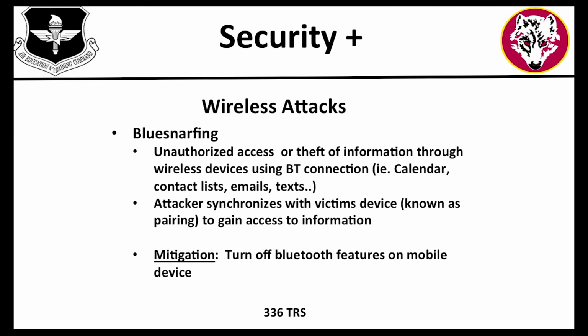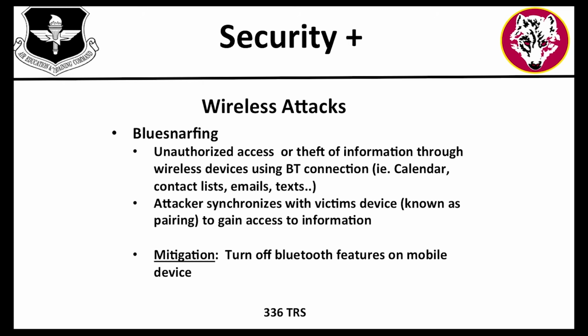Another form of Bluetooth services type of attack is called BlueSnarfing. It's unauthorized access or theft of information through wireless devices using that Bluetooth connection. With BlueSnarfing, those malicious users are now going to be able to start getting into certain areas that you may not want them to, like your emails or previously sent text, your contacts.